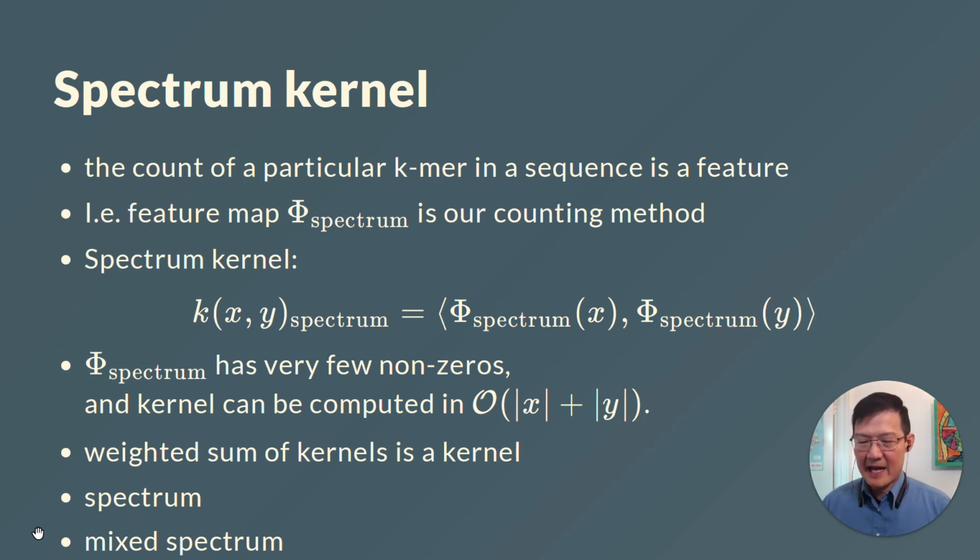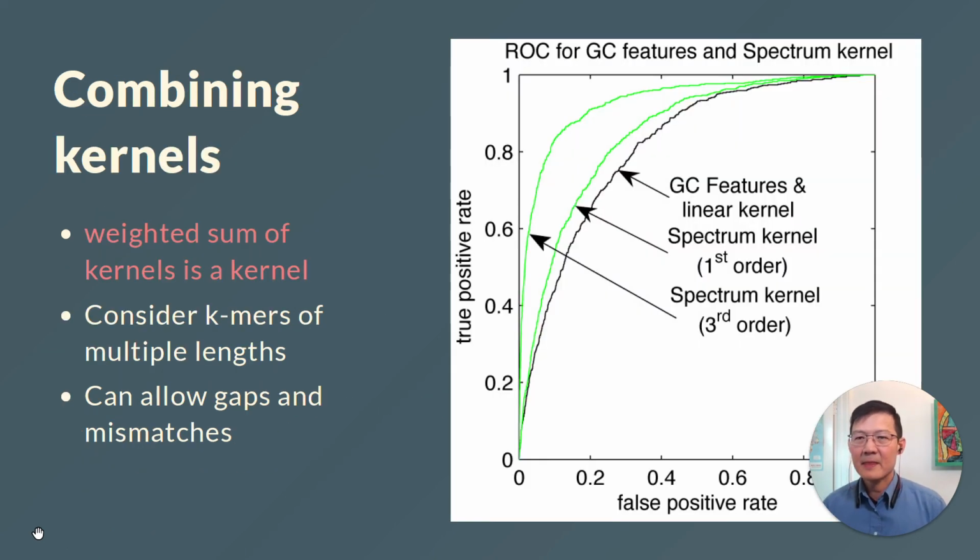When you look at the spectrum kernel and look at properties of positive definiteness, you realize that the weighted sum of kernels is a kernel, and you can look at a mixed spectrum, which means that you can look at substrings of different lengths and just add them up.